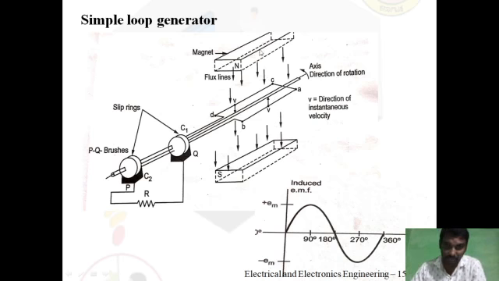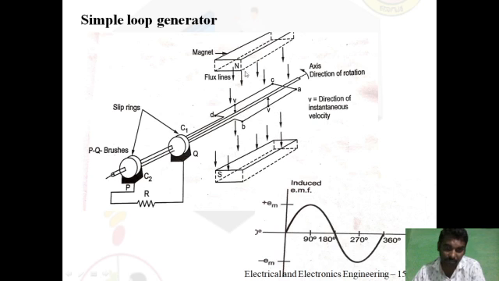Now you can observe the magnetic field. How is the magnetic field created? You can observe the north pole of a magnet, this bar magnet, and here the south pole of the magnet. In between these two, you can observe the arrow marks, which are the lines of force or lines of flux. The direction is from north to south.